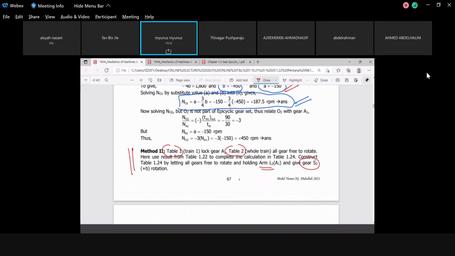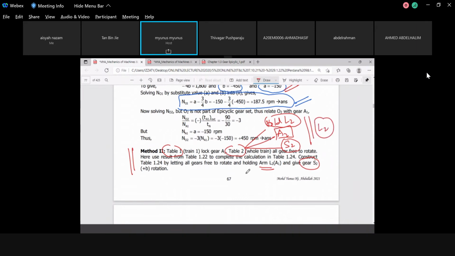Remember, table number two, you have choices in it. You hold L2, you can give A2 or you can give S2. What we did earlier was A2. Now we try S2. This one is kept maintained as it is because this one belongs to L2.